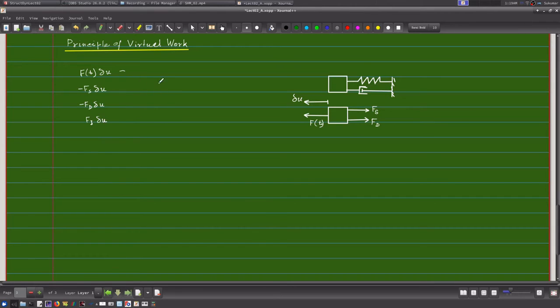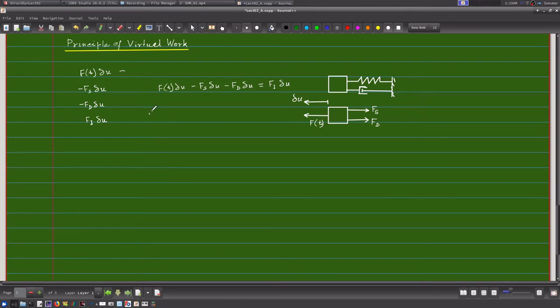Therefore, as per the principle of virtual work, what will I get? I will get Ft times delta u minus Fs times delta u minus Fd times delta u. This total work done must be equal and opposite to the virtual work done by the inertia force, so Fi times delta u.